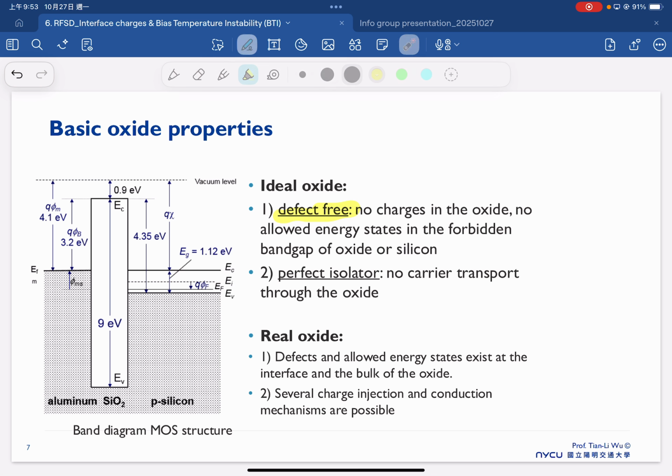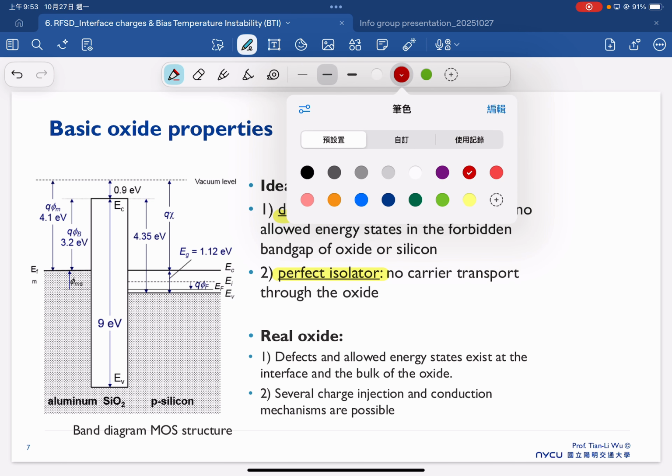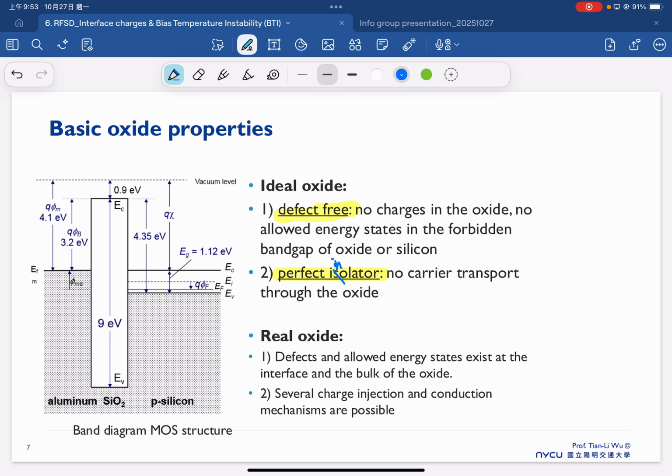And also a perfect insulator. Therefore, if it is a perfect insulator, ideally there is no carrier transport through the oxide. But of course, this is not possible. We always have this transport in the dielectric, in the oxide.